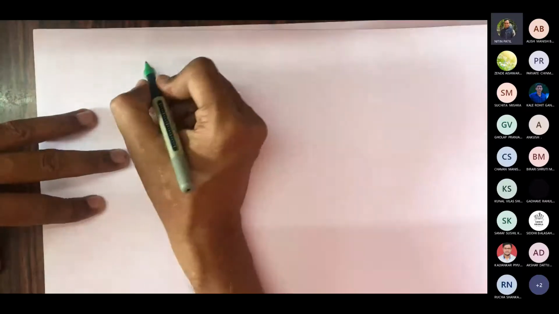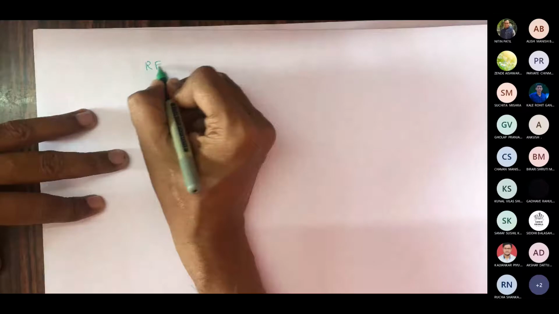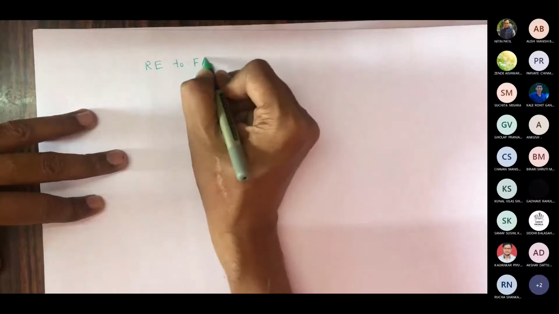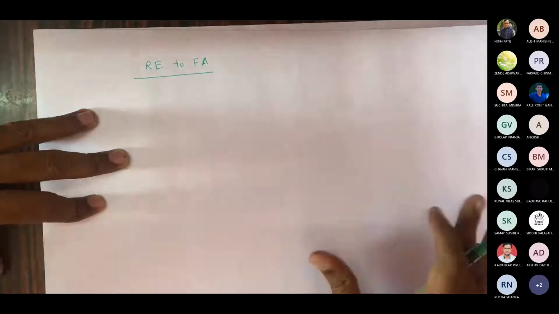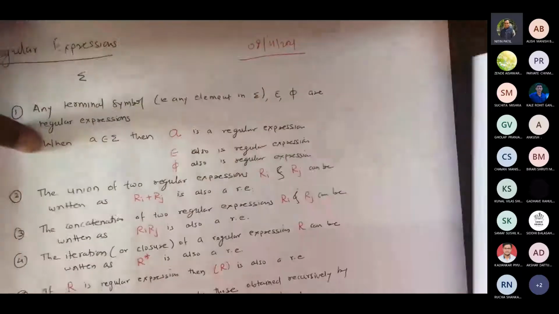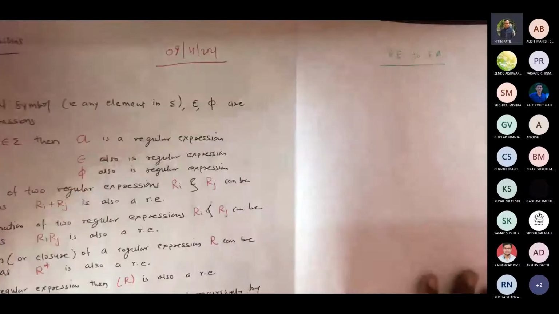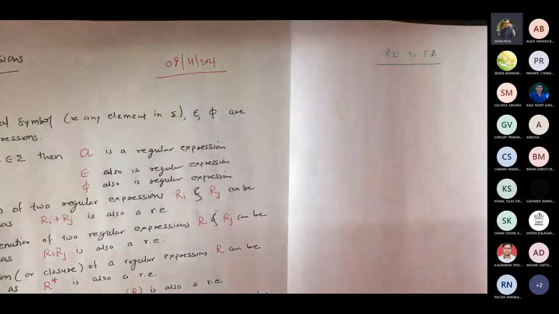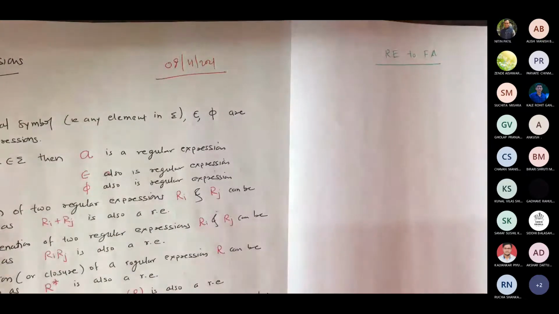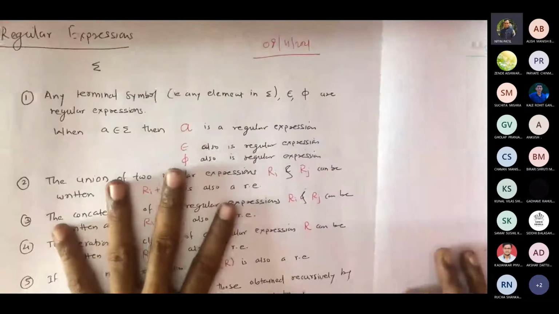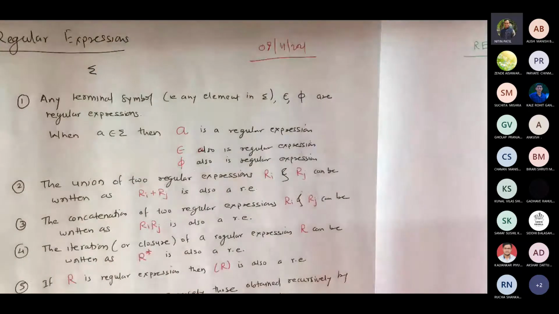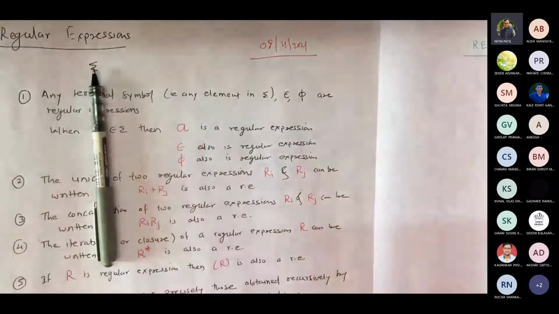Now we are talking about a method to convert RA to FA. So our first regular expression as per the definition was what? Recall the definition that we saw. Okay, this one. Let me add a screenshot for you. Please hold for a while.